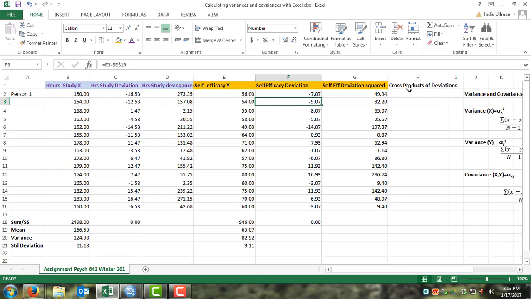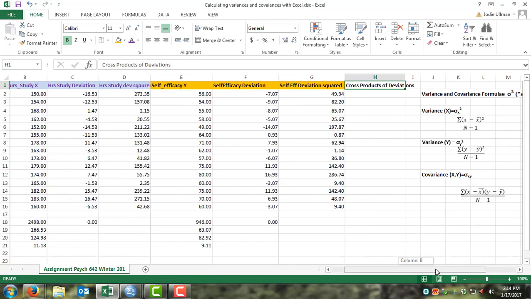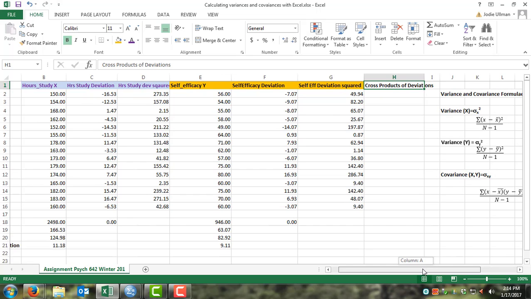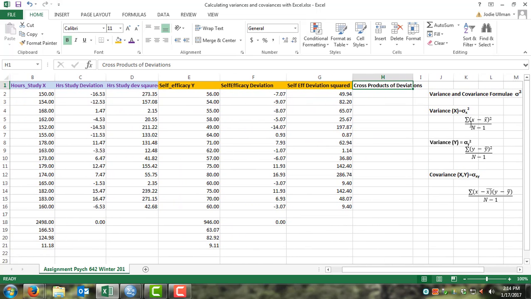And we've got this cross products thing here, which we'll worry about in a second. We won't worry about it, we'll work with it. So let's first take a look at the formula for X. We want the hour study deviation squared, and we're going to divide by n minus 1. So the top is the sum of squares.